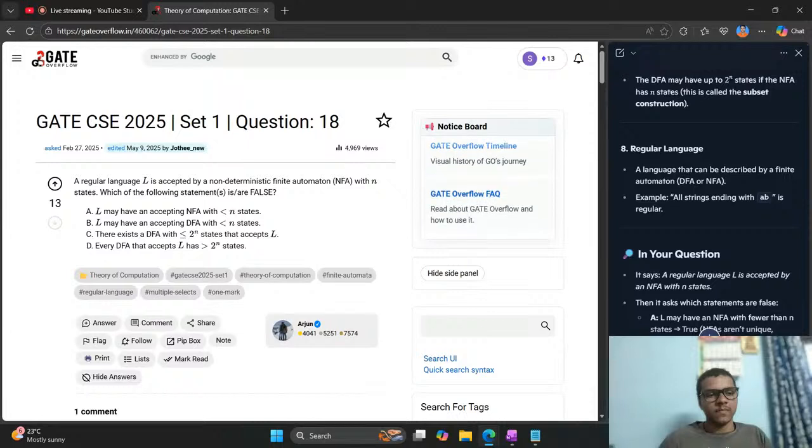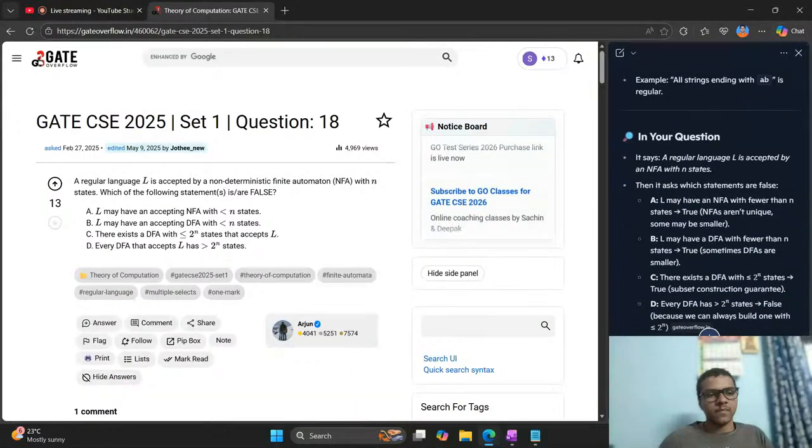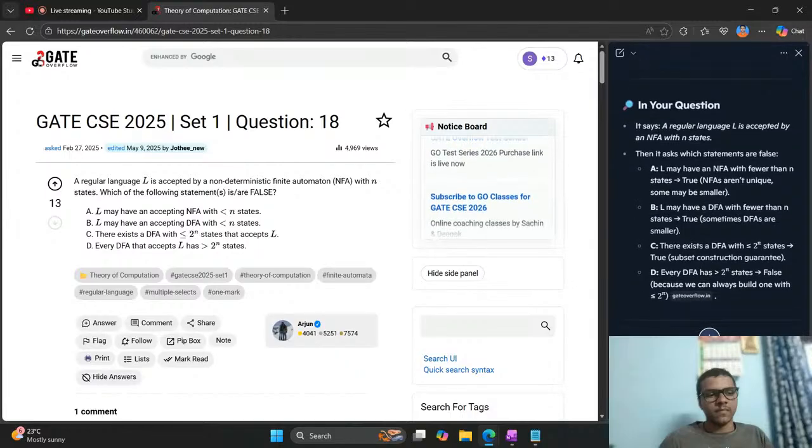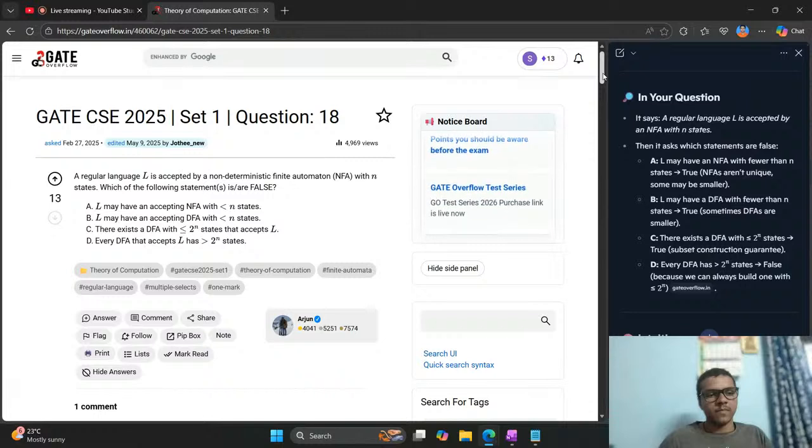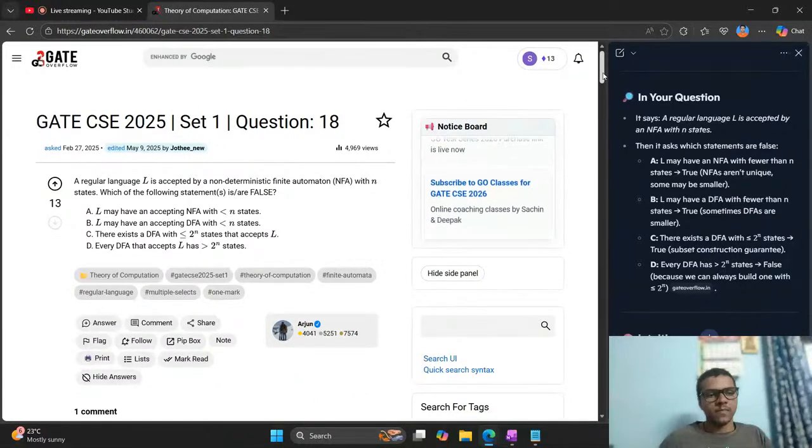A language that can be described by a finite automaton. L may have an NFA with fewer than n states. L may have accepting NFAs.